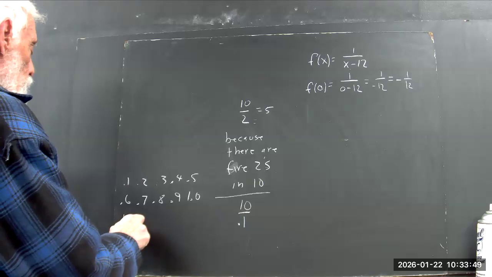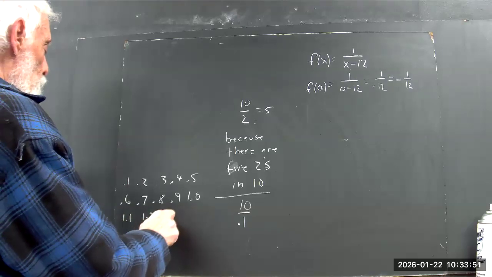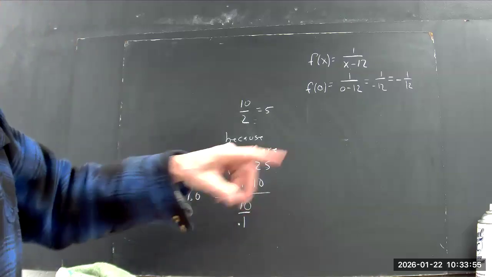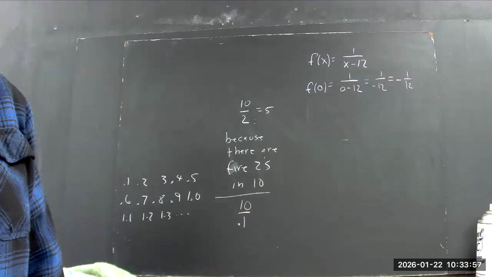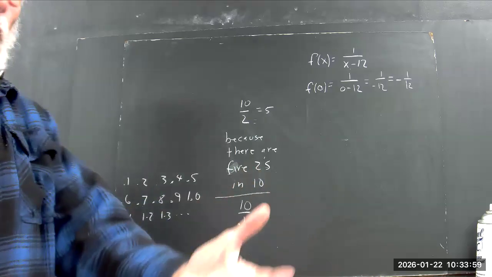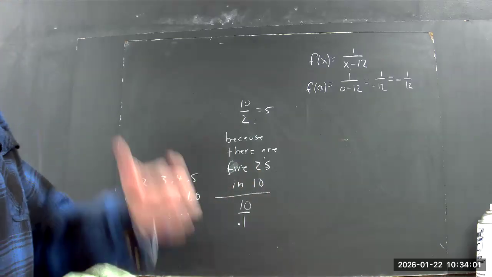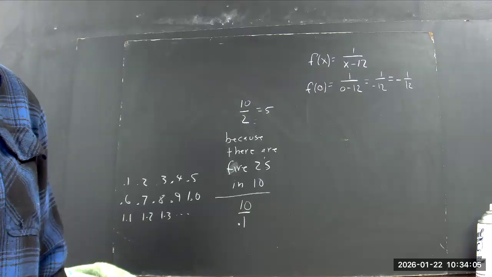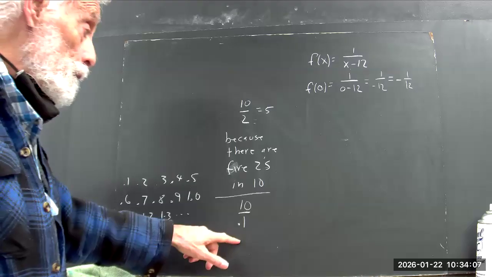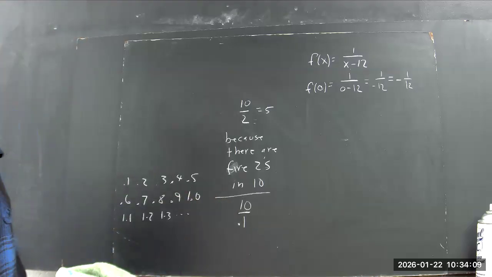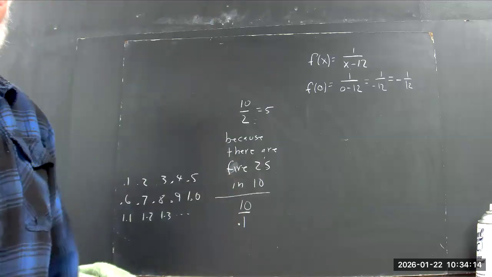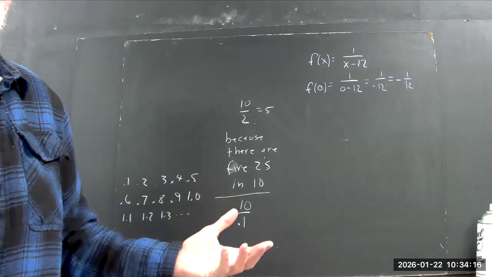Now you get 1.1, 1.2, 1.3, and I've written down 13 numbers already, and I'm not getting all that close to 10, right? It's not a bad exercise to do that, just to punish yourself a little bit. You can see that there are 100 of these in 10. Now there's a rule for dividing by 0.1. You just move the decimal point over, but the rule doesn't tell you why it works.